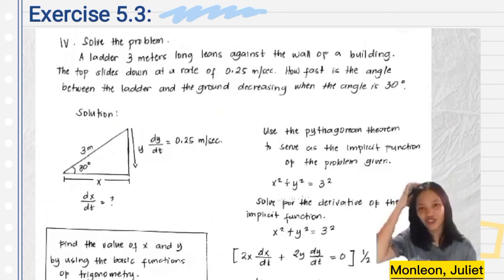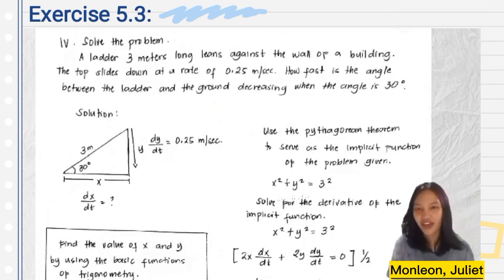So for the solution, shown on your screen is how I derive the representation of the given problem. So the hypotenuse is the ladder, the shorter leg is the y variable, and the longer leg is the x variable.